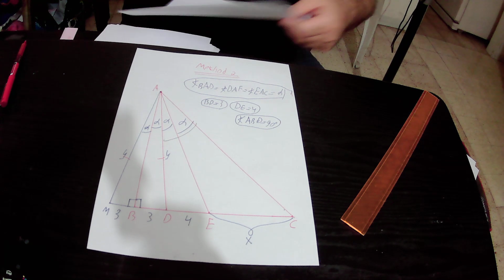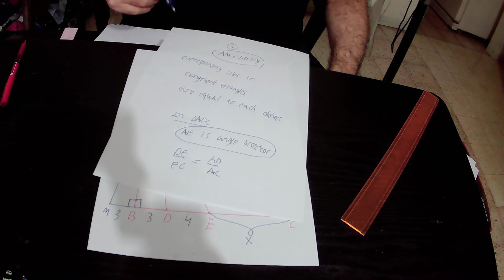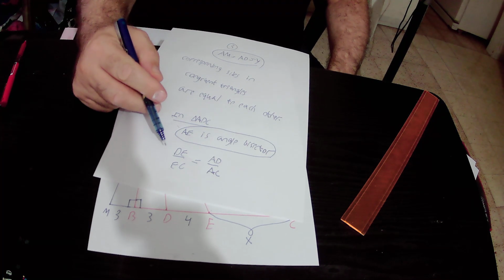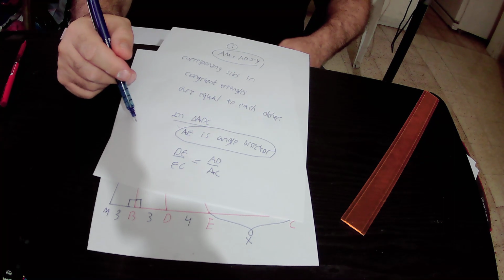So according to the angle bisector theorem, DE over EC equals AD over AC. Okay?